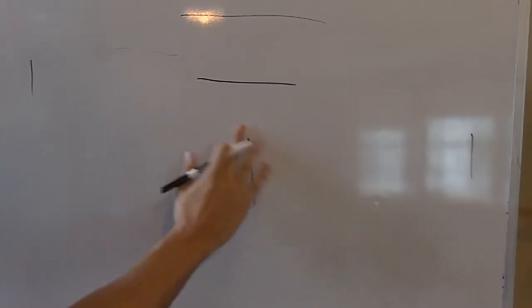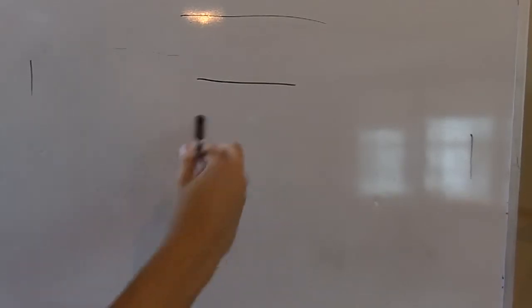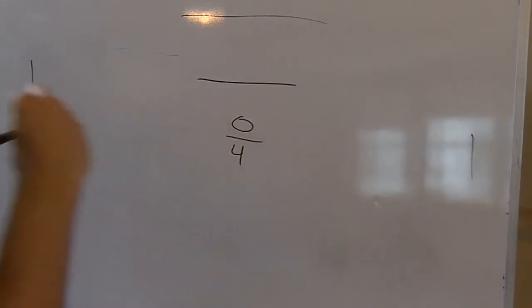Now, we're going to take a look at the horizontal line first. When you have a horizontal line and you do your y1 minus y2 over x1 minus x2 to find your slope, you're going to end up with a rise over run where your zero is on top.